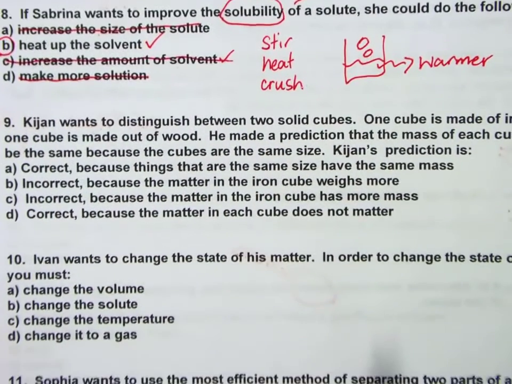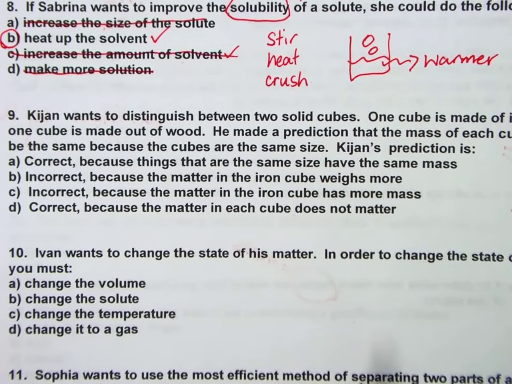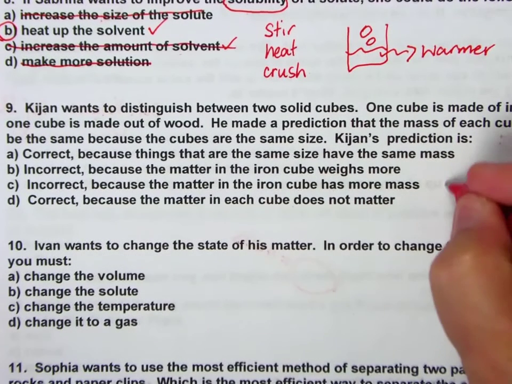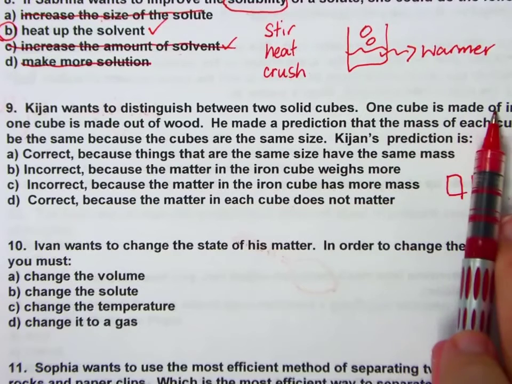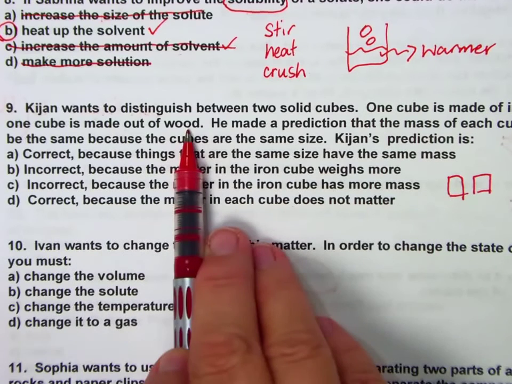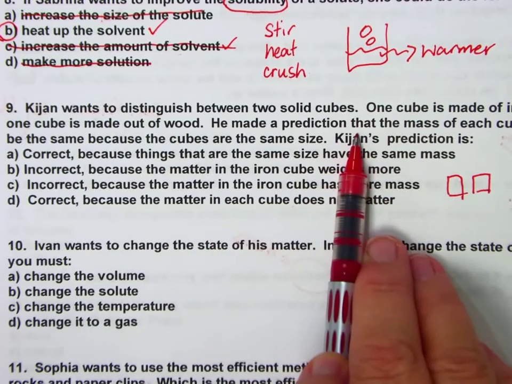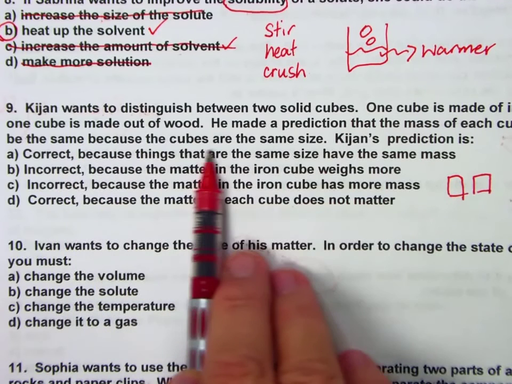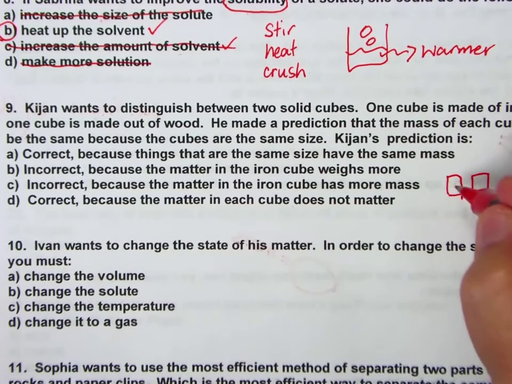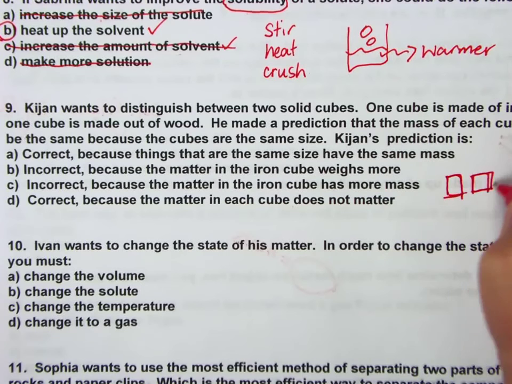Okay, number 9, Kihan wants to distinguish between 2 solid cubes. Okay, so he has 2 cubes. 1 cube is made of iron and 1 cube is made out of wood. He made a prediction that the mass of each cube would be the same because the cubes are the same size. Well, we know from our demonstration in class, we have 2 cubes that are the same size.